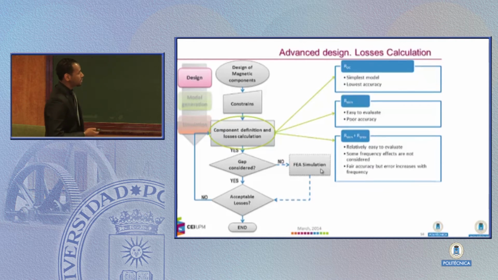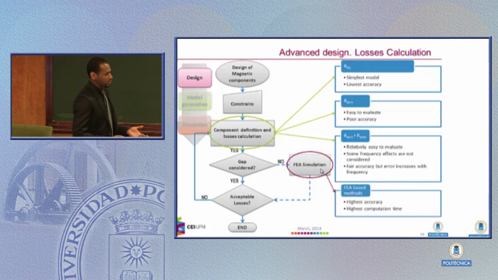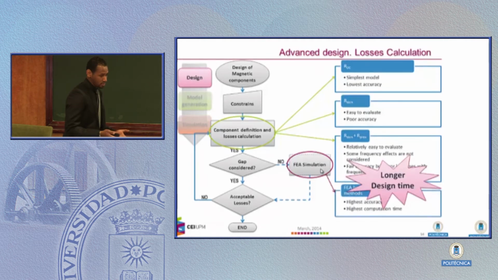If an analytical estimation of the influence of the gap in the magnetic component is not defined in the tool, finite element simulations are required to characterize this component. And depending on the complexity of the component and the number of simulations that we have to run, the design time can be increased considerably.